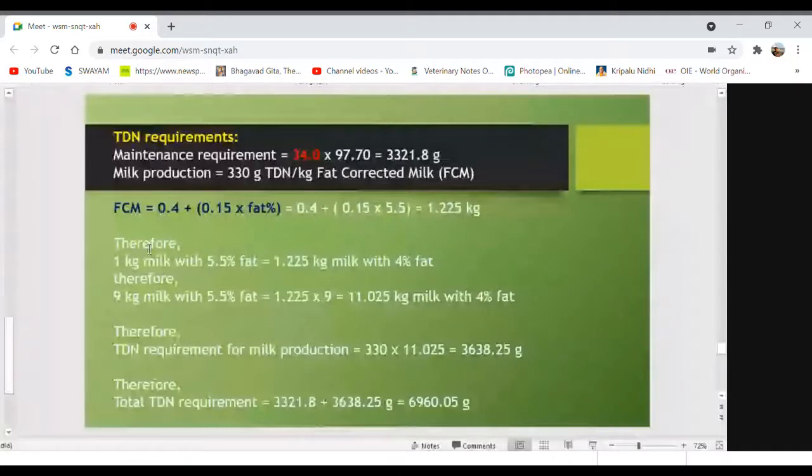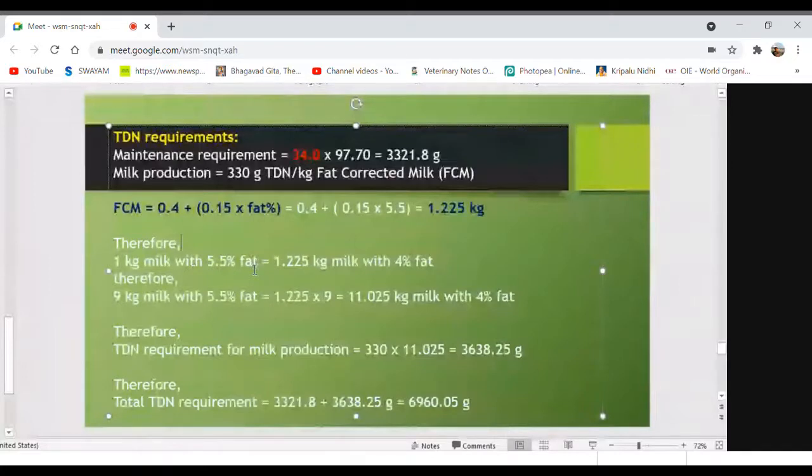The meaning is 1 kg milk with 5.5% fat. We have milk in the question that had 5.5% fat. Therefore, 1 kg milk with 5.5% fat is equivalent to 1.225 kg milk with 4% fat.